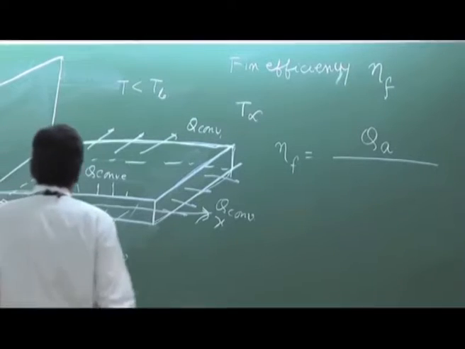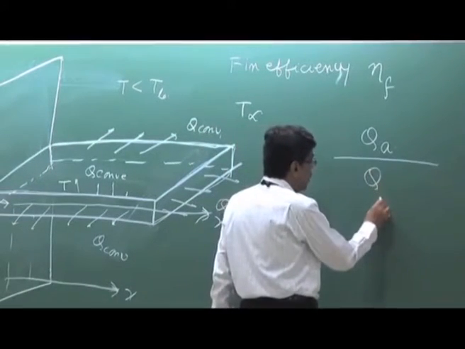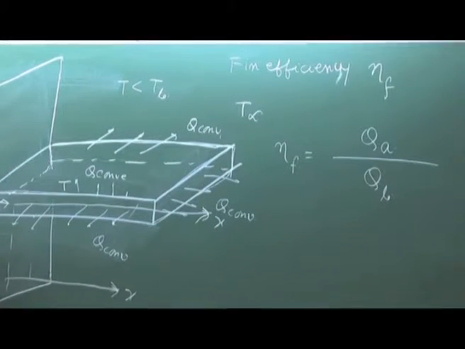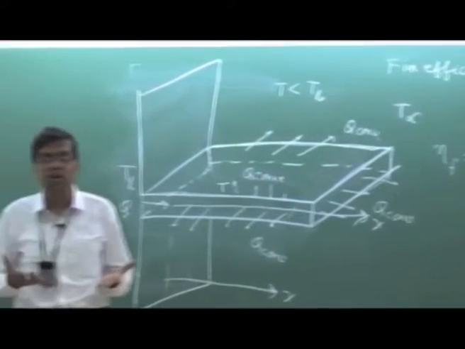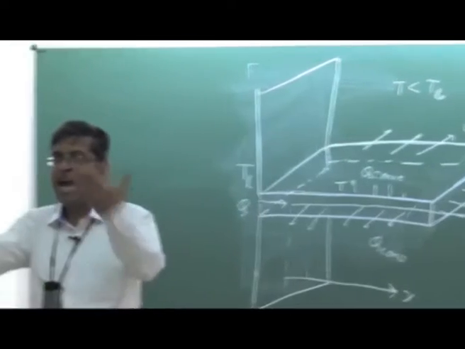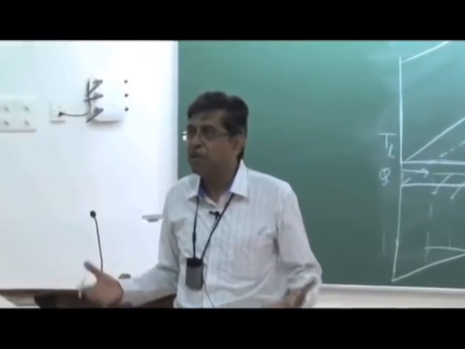That is because the denominator defines a quantity QB, which is the rate of heat transfer from the base where the fin is attached, if the entire fin would have been at the base temperature. That means the entire fin attains a uniform temperature, that of the base. When can it attain that?